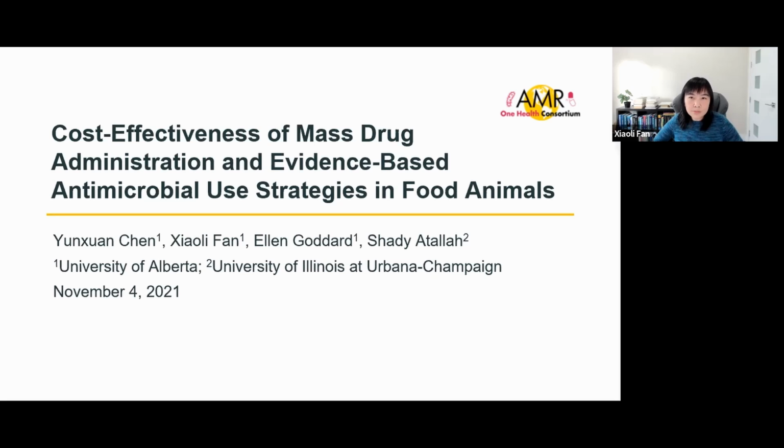Antimicrobial resistance is a problem because both humans and animals, and also in some crops, we are overusing antimicrobials. So the pathogens are building resistance, and over time, the antimicrobials are less and less effective.